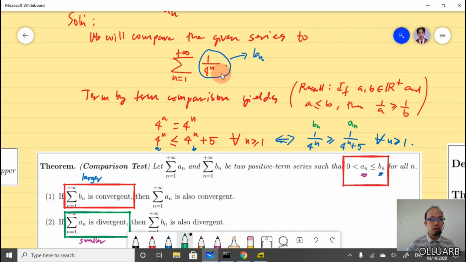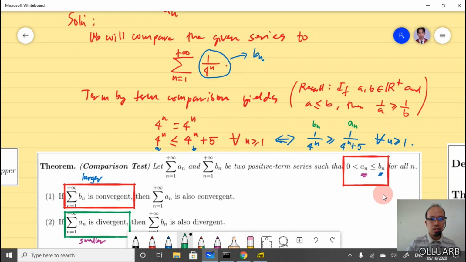This is a geometric series, and we know that in a geometric series, the sum is equal to a over 1 minus r, as long as your r is between negative 1 and 1. So let's try.